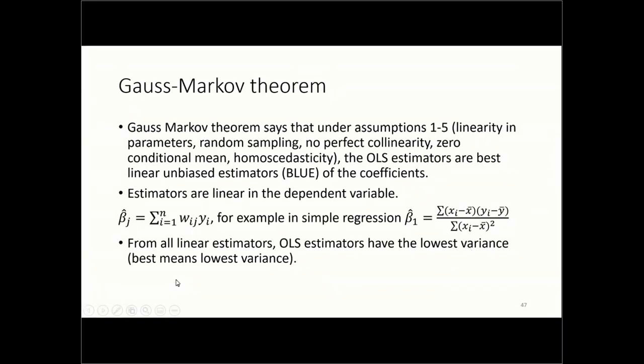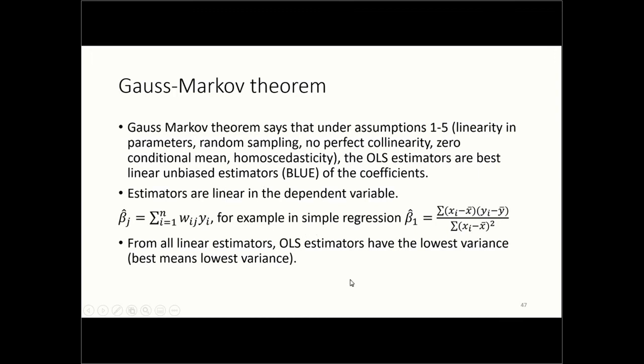So best here means lowest variance. Again, best means lowest variance, linear means linear in the dependent variable, unbiased because there's no bias, and estimators because they're the estimators of the population parameters. So we defined all of these.